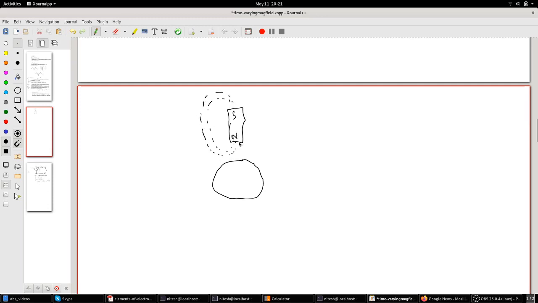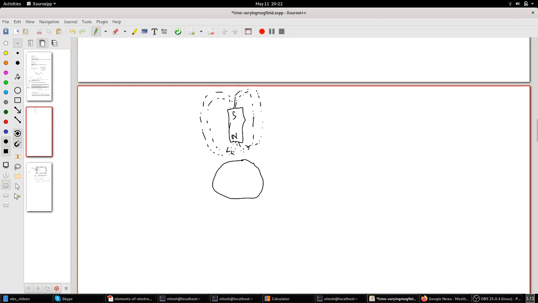So such flux lines will be there. The direction of the flux lines will be from the north pole to the south pole.